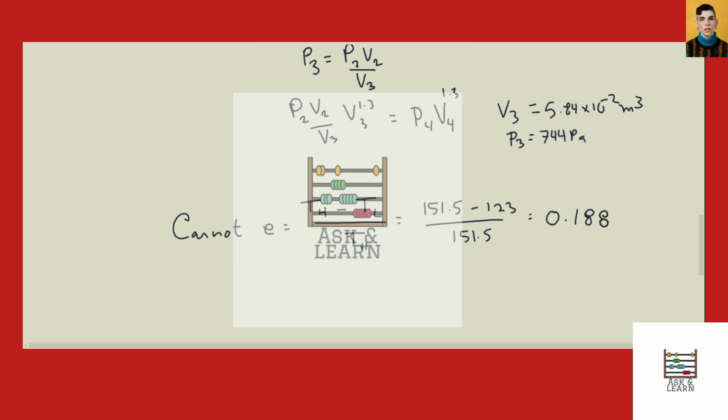And a reminder that any engine has another definition of efficiency, which is the work that you get out divided by the heat absorbed at high temperature during the high temperature isothermal expansion.